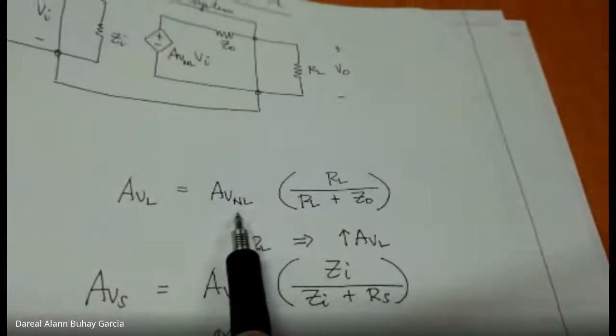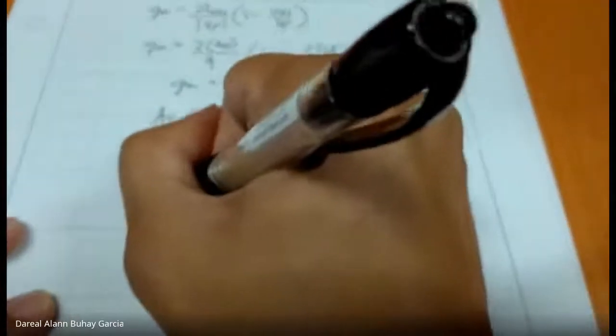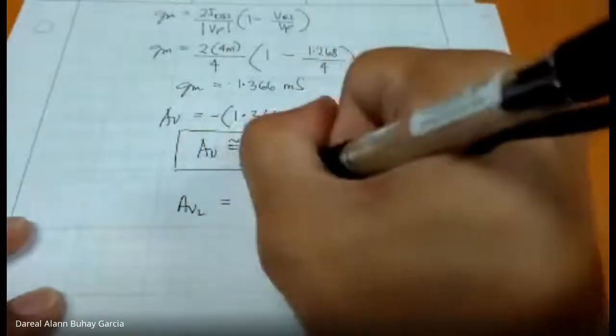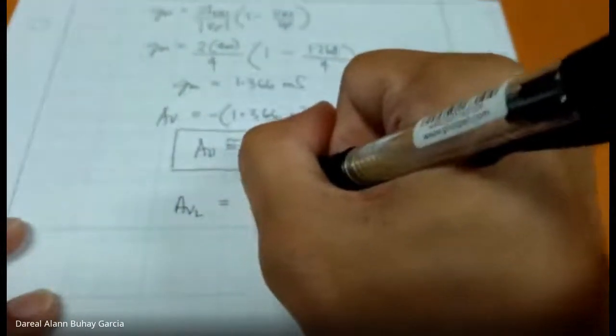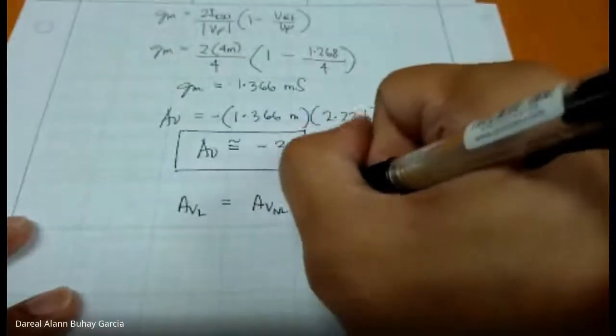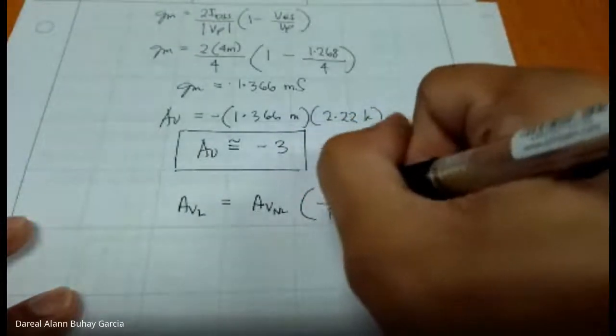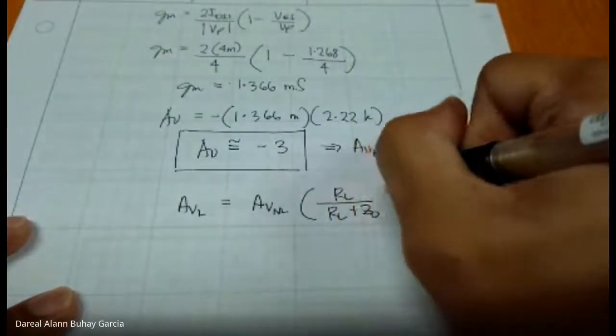AVL is AVNL times RL over RL plus ZO. The AV loaded voltage gain is AVNL times RL over RL plus ZO.